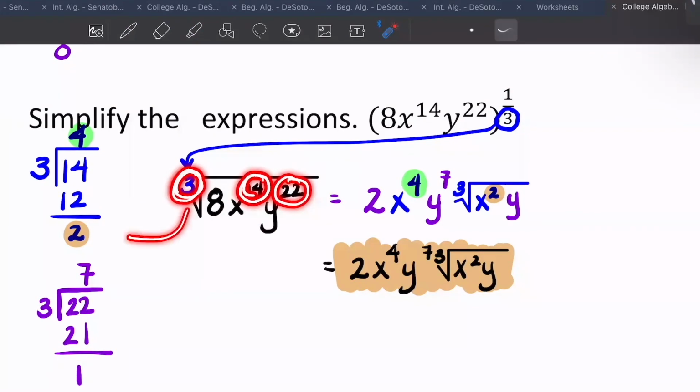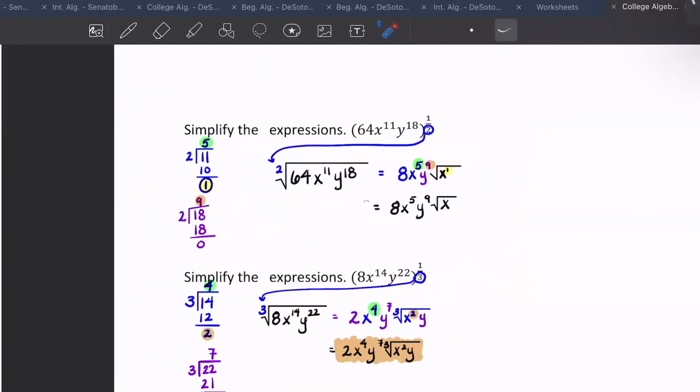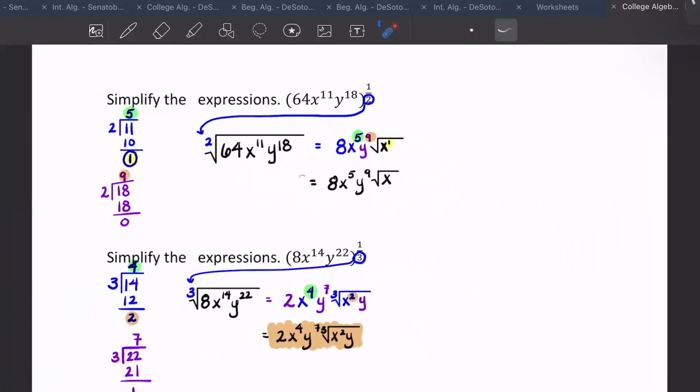That's what we did over here. And the whole number of times it goes into your exponent, you take it out. So it went in 4 times, I took x to the 4th out. However many are left has to stay under your house. So I had 2 left here, and I had 1 left here, so I had y under my house as well. And that is P3.